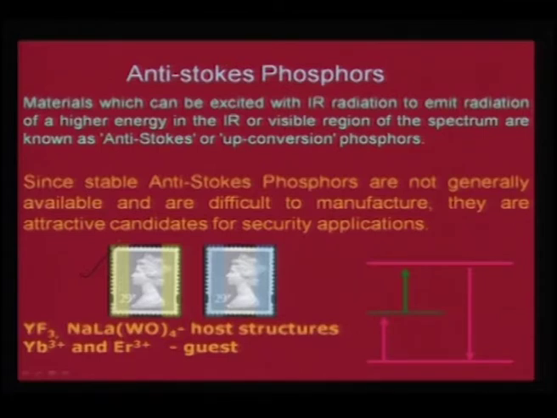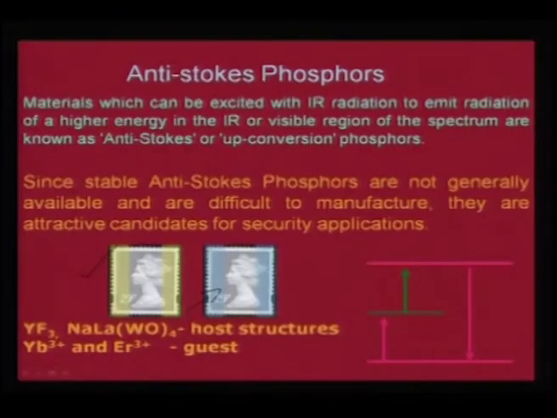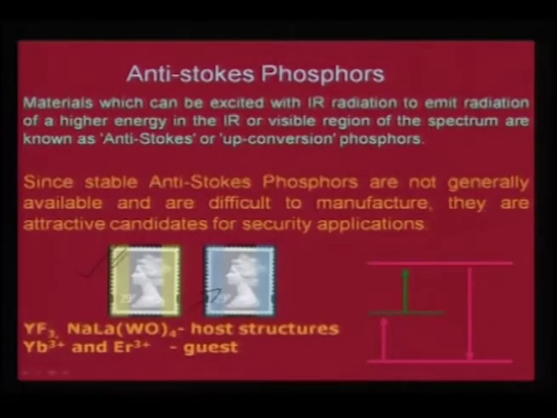So, a person who is trying to dupe may try to put a counterfeit like this, but in the infrared actually it has to glow fully the same. So, these are special phosphors which will actually take low energy, but will emit in higher energy. So, this is nearly green, which is actually emitting in blue, and these are actually called a 2 photon process or more than 2 photon process.